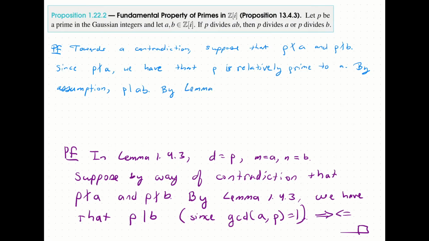So by Lemma 1.2.1, p divides b, which is a contradiction. And thus, we can conclude that p divides a or p divides b. And so that finishes the argument. But again, the proof is exactly the same as we had over the integers. We just have to tweak it slightly.